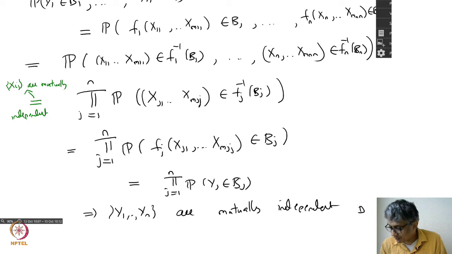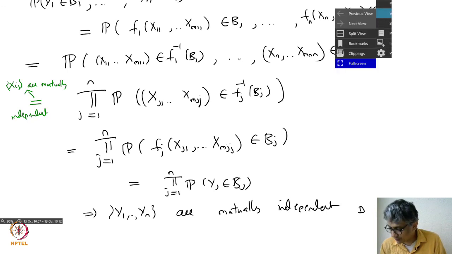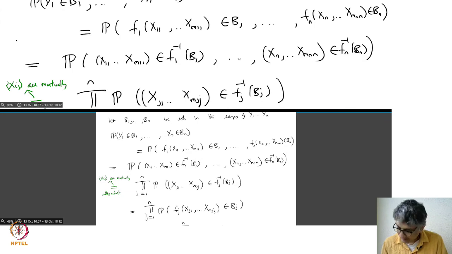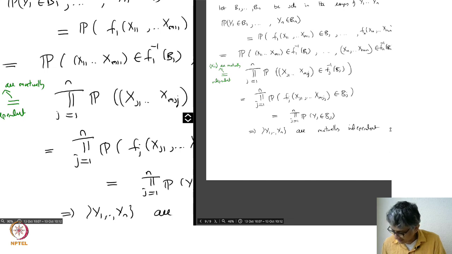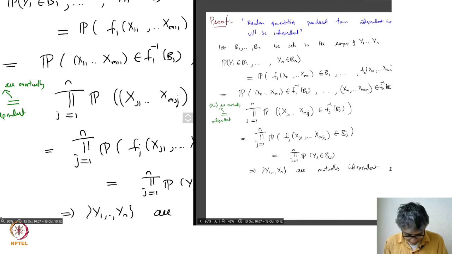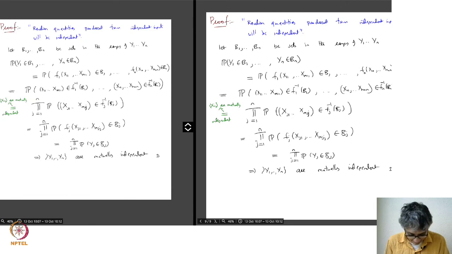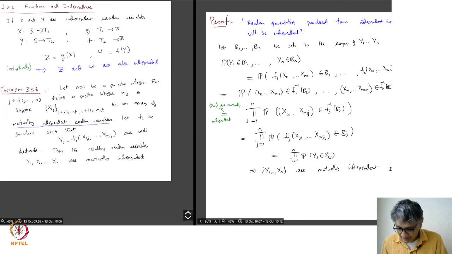Let me quickly recap the proof, using split view to show you both sides so it's clear. This is what I was trying to show: if you have an array X_ij and functions acting on disjoint parts of the array, then the resulting random variables are independent.